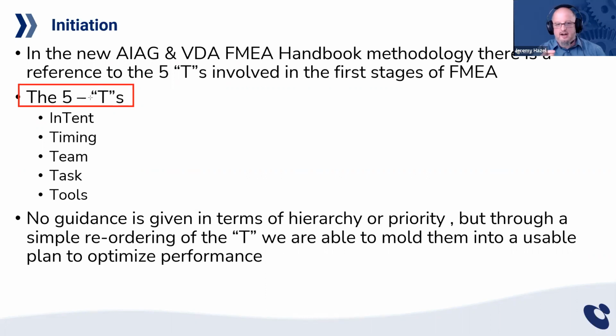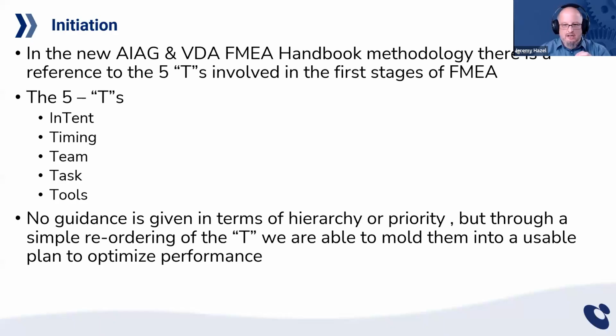Now, I want to talk to you for just a moment about intent versus legalism, okay? The reason they put these 5 T's in place, they want you to begin with the end in mind. Now, for some of you, you may be familiar with an author named Stephen Covey. He wrote The 7 Habits of Highly Effective People.